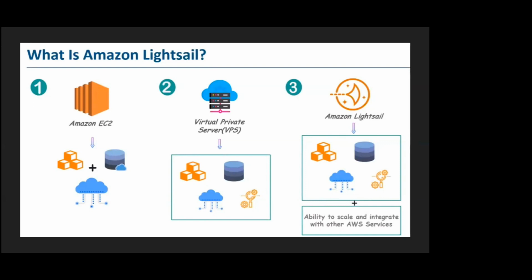Once you have chosen all the components, you need to put them together and host your application. But if you simplify, a neat system that's pre-configured and pre-assembled, as you just want to run your application on a built-in platform, the best option would be the virtual private server.